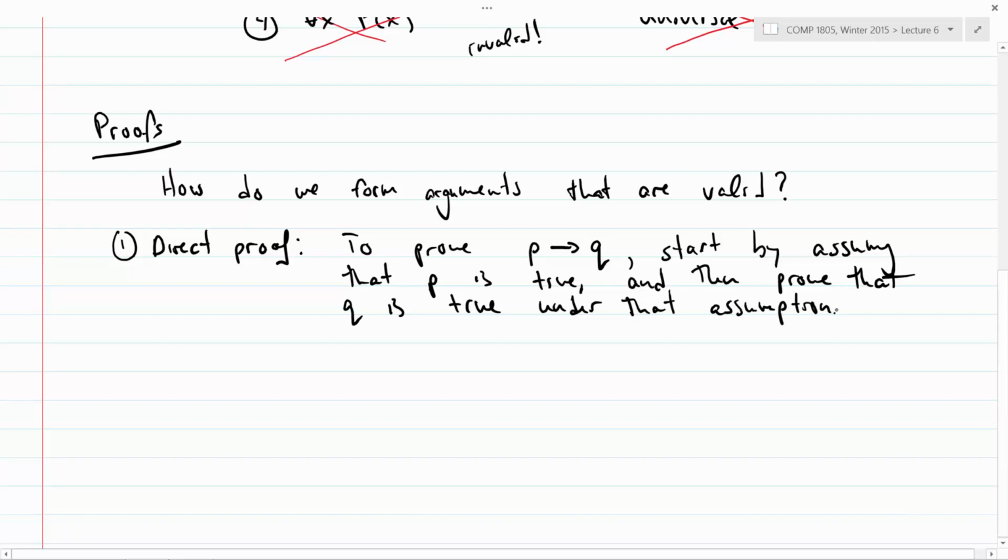Okay? And that makes sense because if the thing on the left is true, then the thing on the right is true, that implication becomes true. And that's what we wanted to show.